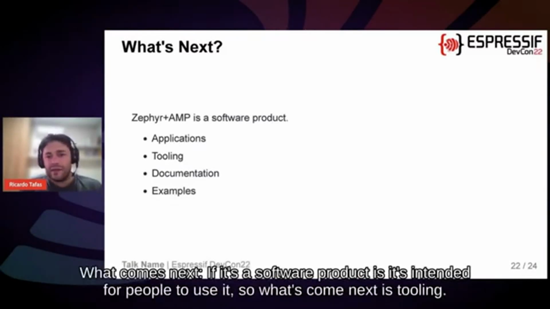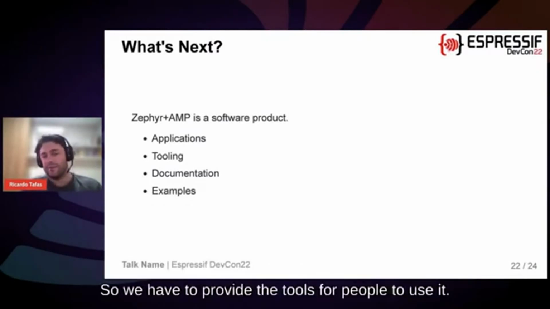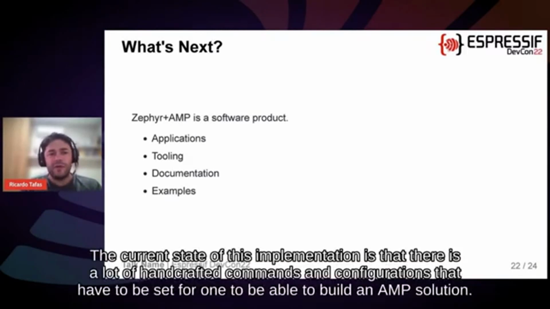What comes next? If it's a software product, it's intended for people to use it. So what comes next is tooling. We have to provide the tools for people to use it. The current state of this implementation is that there are a lot of handcrafted commands and configurations that have to be set to build an AMP solution.